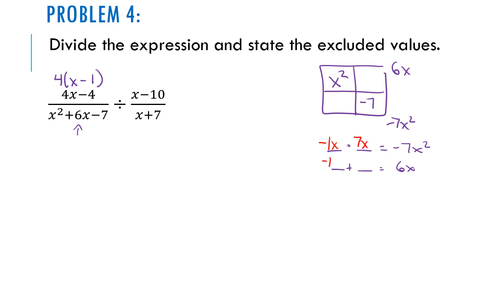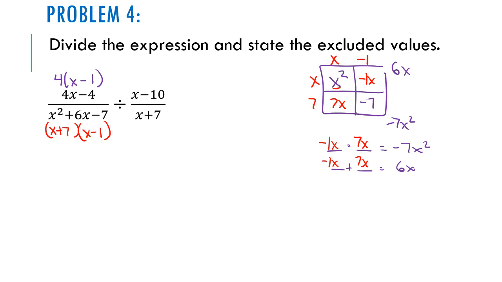Yeah, that'll work. So I will have a 7x here, a negative 1x here, and so x times x gets me the x squared, x times negative 1 gets me negative 1x, x times 7 gets me 7x. So on the bottom, I have x plus 7 and x minus 1.